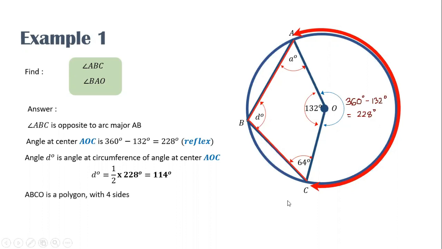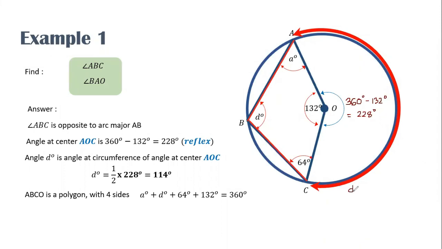ABCO is a polygon with four sides. It satisfies the formula that A degrees plus D degrees plus 64 degrees plus 132 degrees equals 360 degrees. Do you remember the concept? Yes.